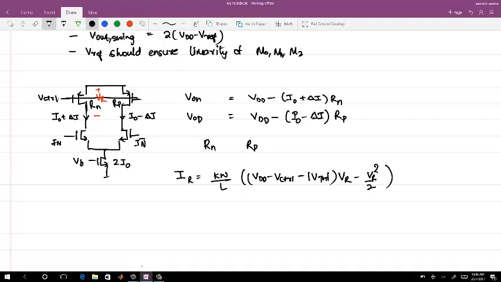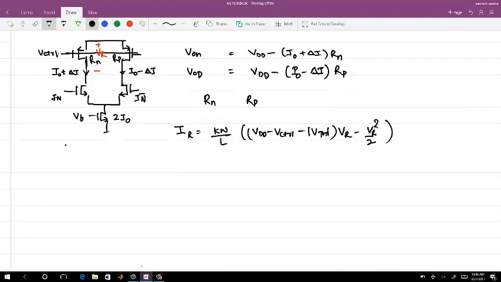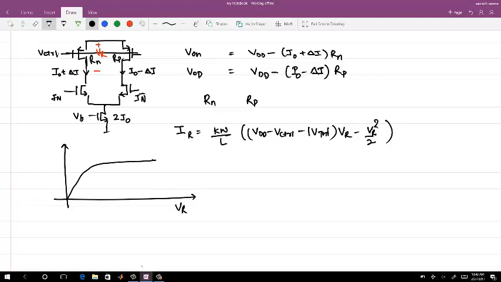Okay. So I am just plotting that with respect to VR. This is I. You see that this particular region is not a linear region. You are having a parabolic shift here.